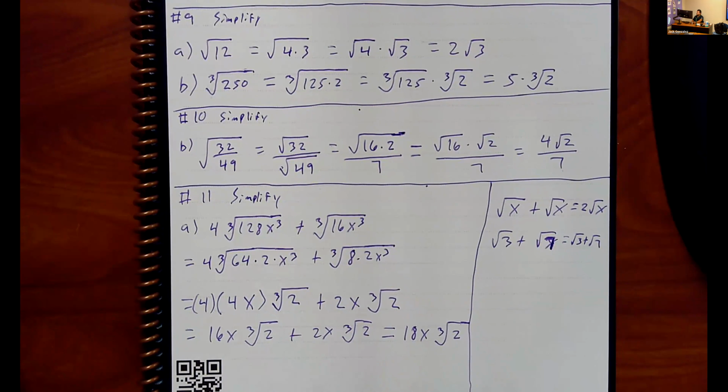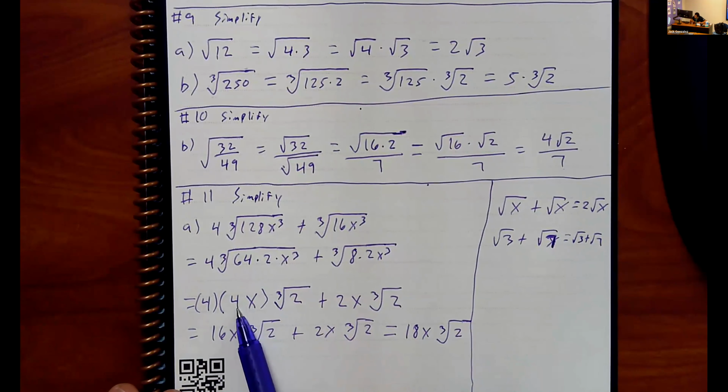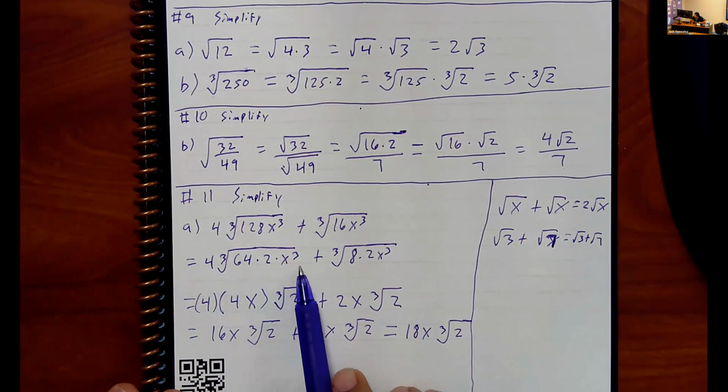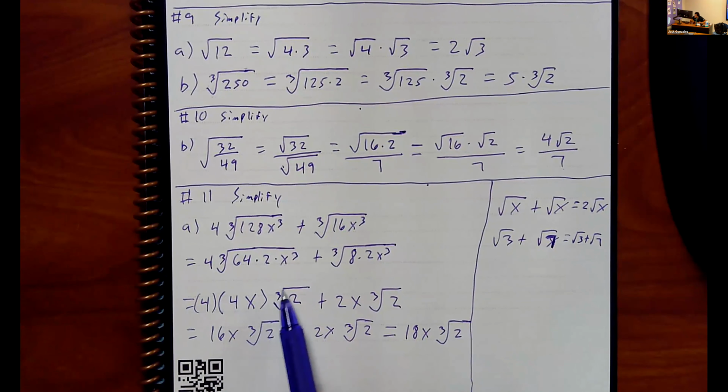Where did the x come from? Is that what you're asking? Well, anything that is cube rooted comes out in front as a product, right? So the cube root of 64 came out as a 4. Cube root of x cubed came out as an x. Cube root of 8 came out as a 2.